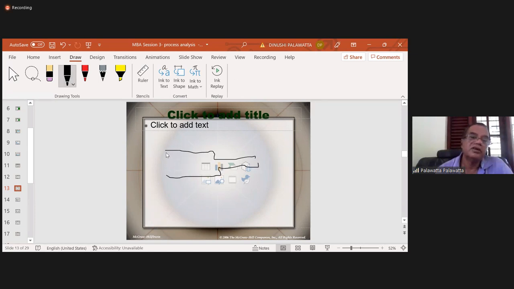Okay, so roughly, right? So then, let's say imagine this is a pipe, okay? This is a pipe, right? And then water is coming that way.